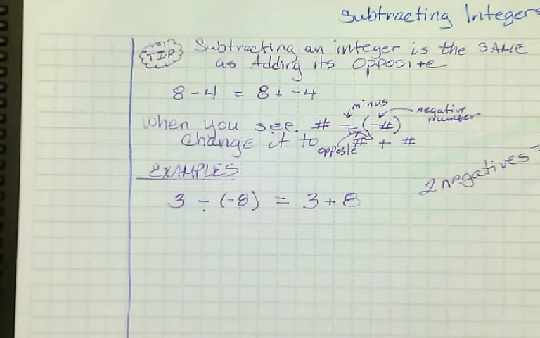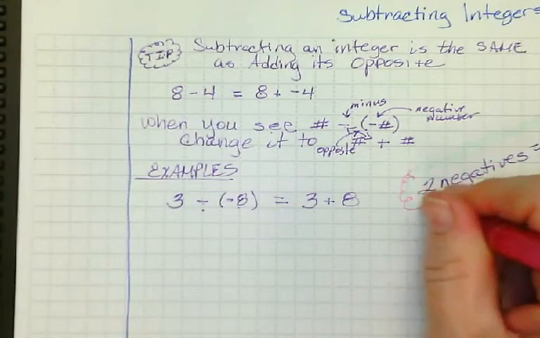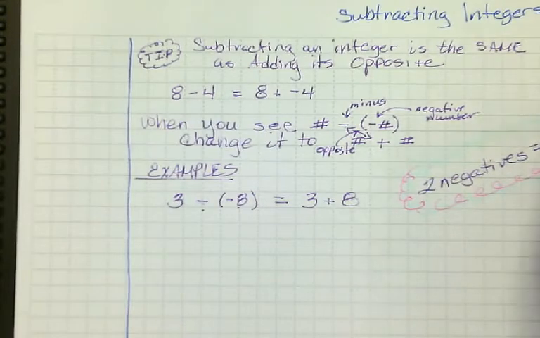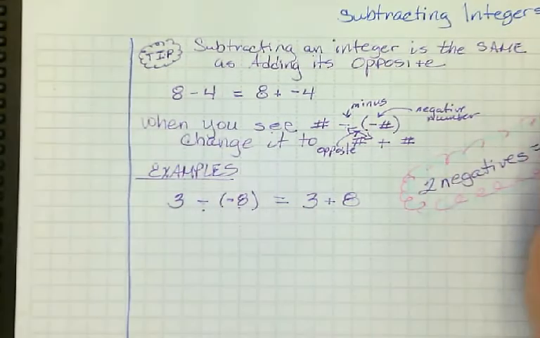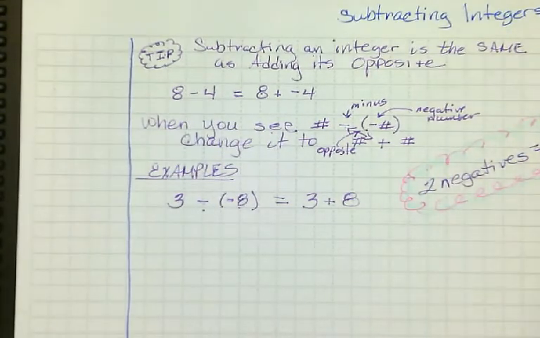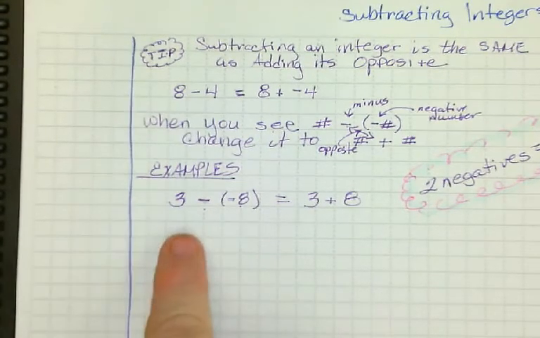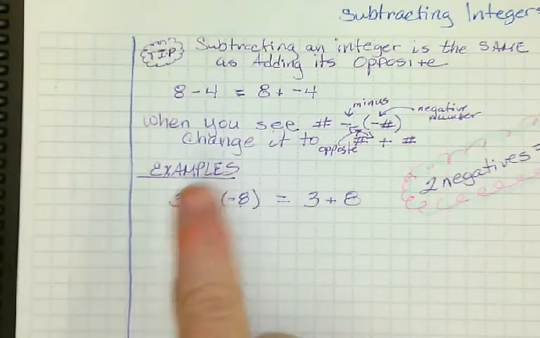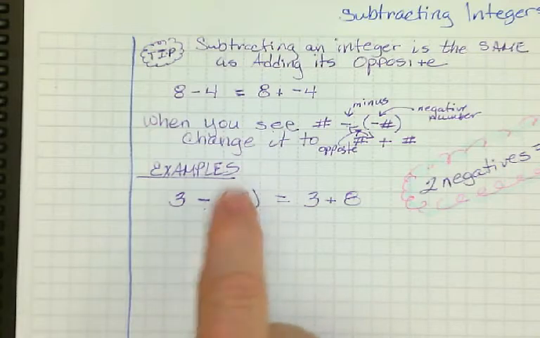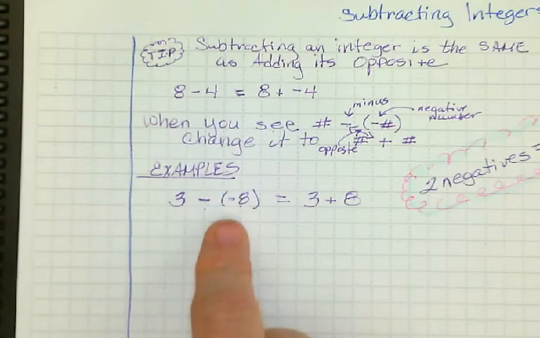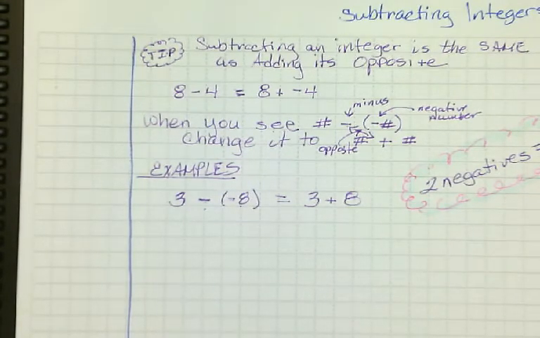So, 2 negatives there. I'll do it again. Don't see it very well, but anyway, 2 negatives equals positive. So it's the same thing here. Negative, negative, subtract a negative. When you subtract a negative, you're really adding a positive.